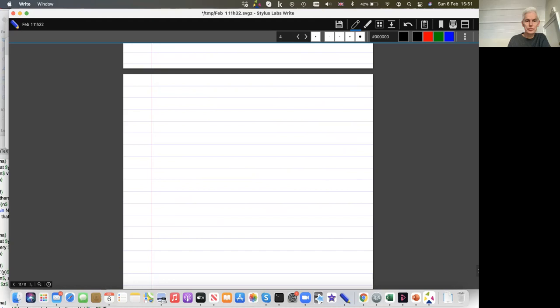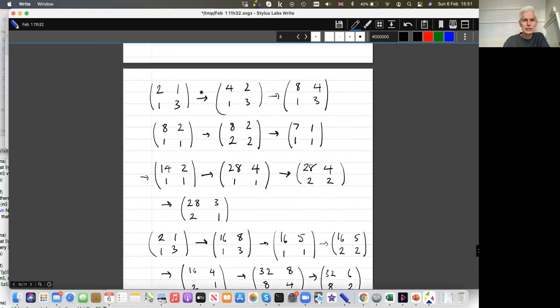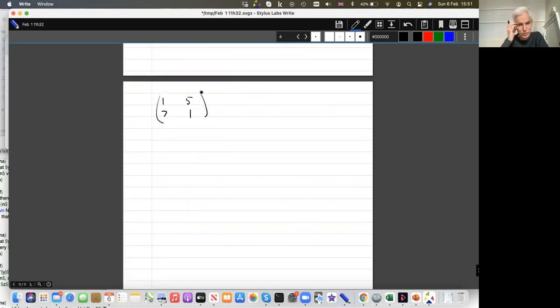So if I start, again, I'll go for 1, 5, 7, 1. That's not the same as an example I've already looked at, is it? No, I don't think it is. That's designed to be a slightly troublesome example, but not very.